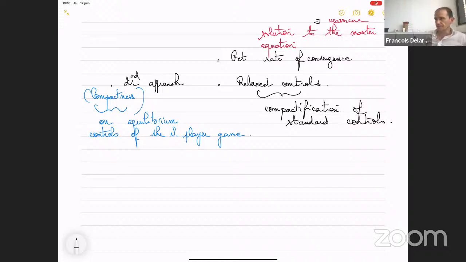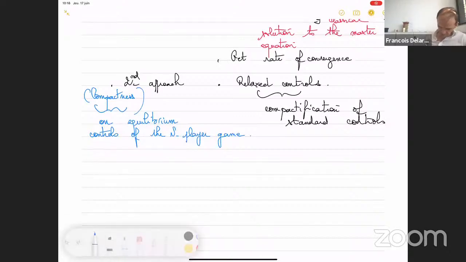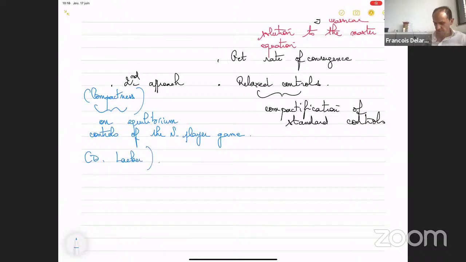This is an approach that has been developed by Daniel Lacker, and he did a wonderful job on this. I think that I mentioned these works a few days ago, on Tuesday, but once again, I emphasize and I advertise the existence of these works. What he did is really nice.